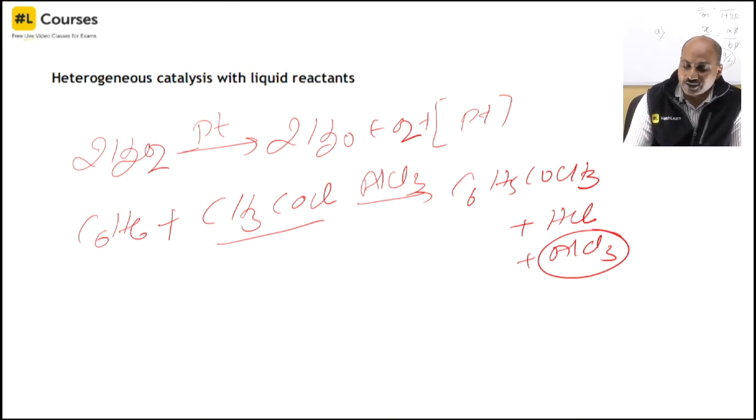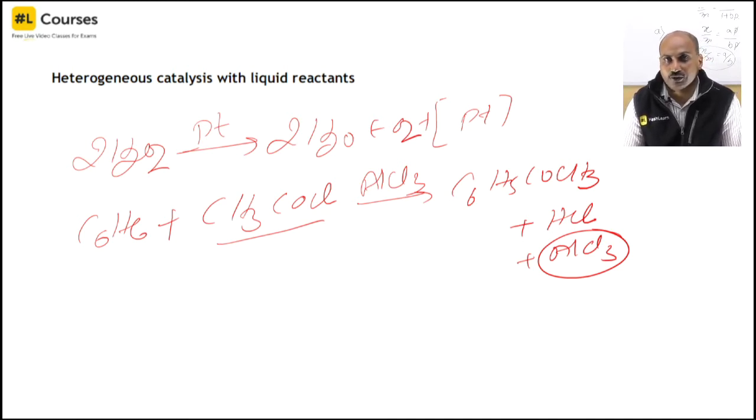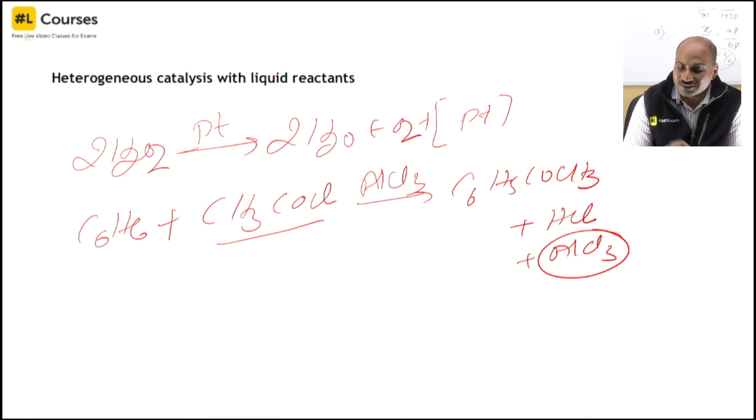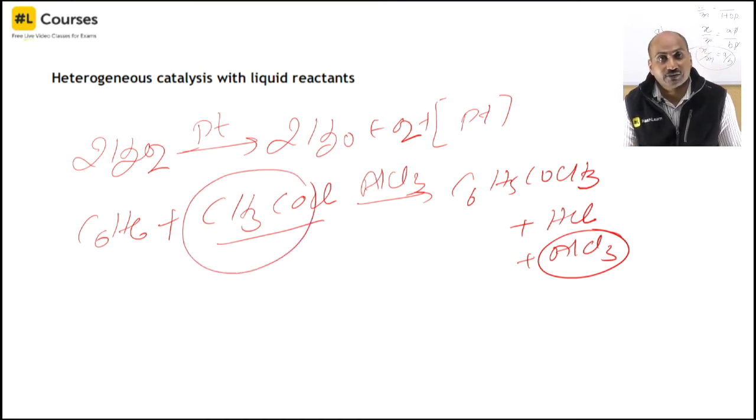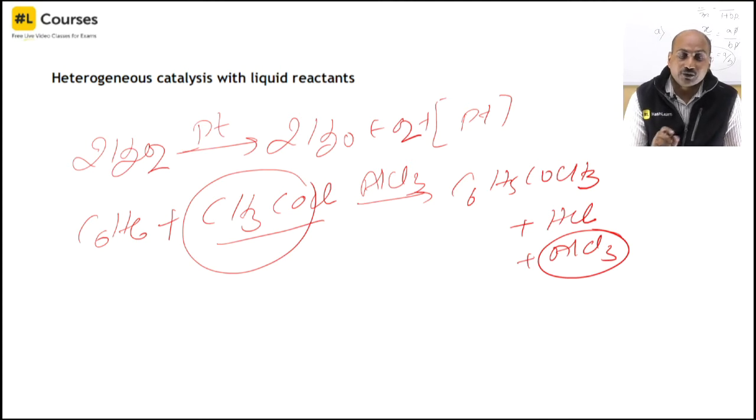This AlCl3 or FeCl3 plays a very important role in all the Friedel-Crafts reactions of organic chemistry. That is called an acetylation reaction, where we introduce CH3CO and AlCl3 plays an important role. That is why this heterogeneous catalysis in the liquid phase finds a lot of applications.